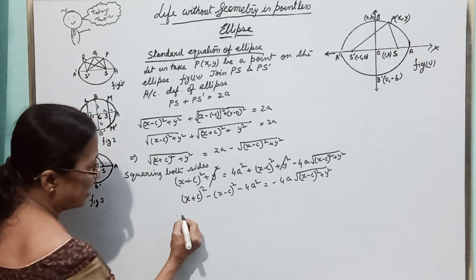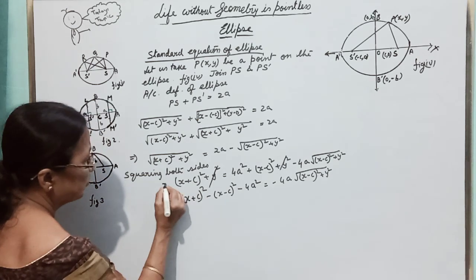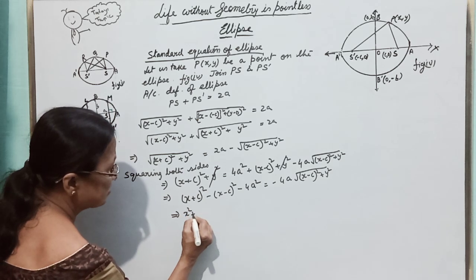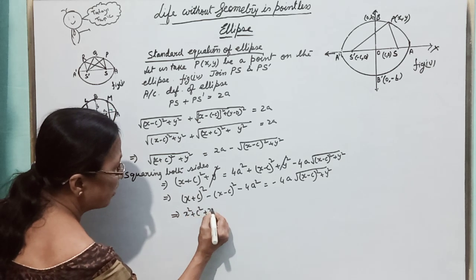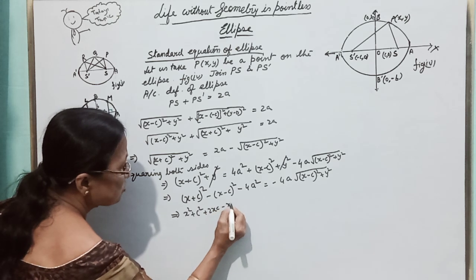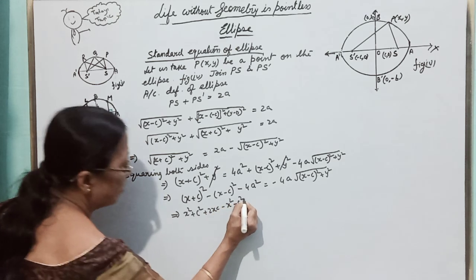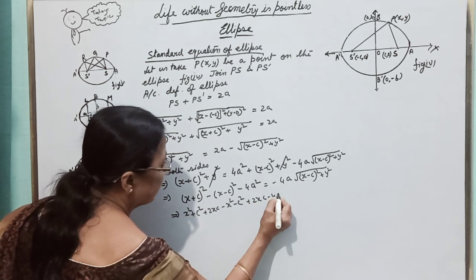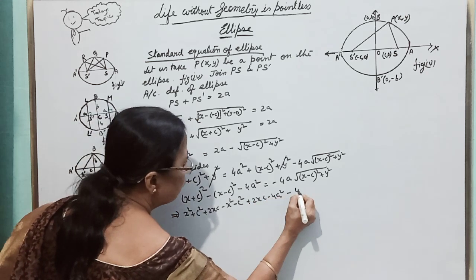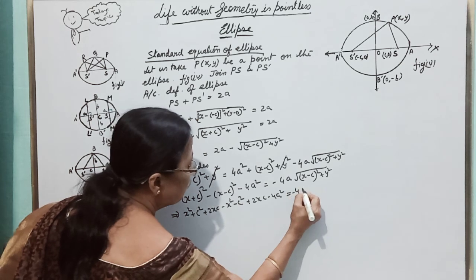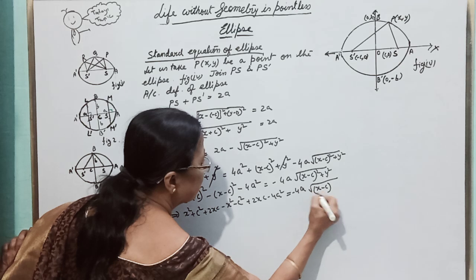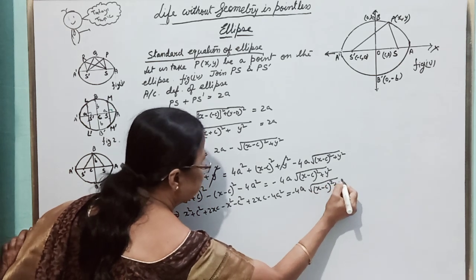So I can write this with the implication sign. This is x square plus c square plus 2xc minus x square minus c square plus 2xc minus 4a square is equal to minus 4a under root x minus c whole square plus y square.